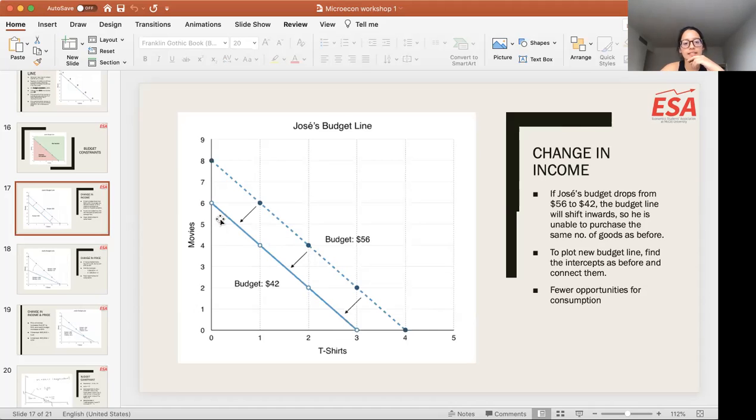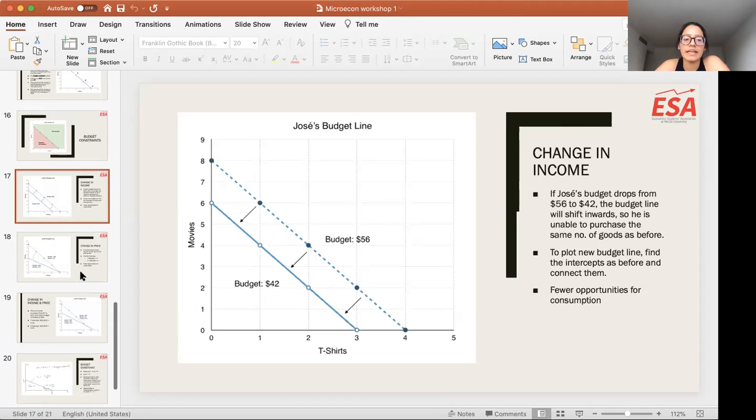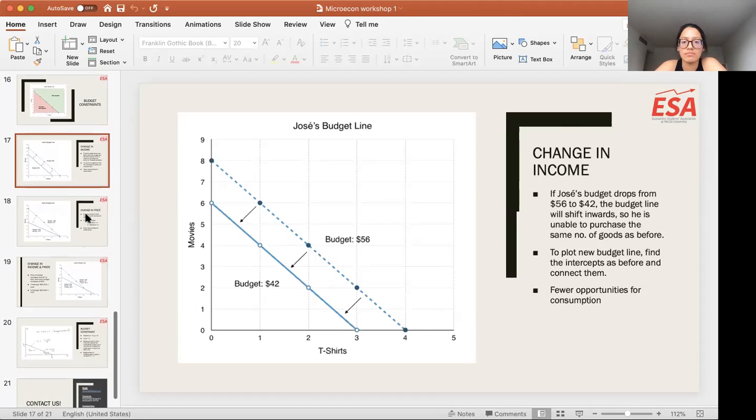The y-intercept is 6 and the x-intercept is 3. You just connect the two intercepts and that's it. When there's a drop in income, there are fewer opportunities available for consumption and fewer goods that you can buy, which is straightforward as well, but this is just how to show it in a graph.